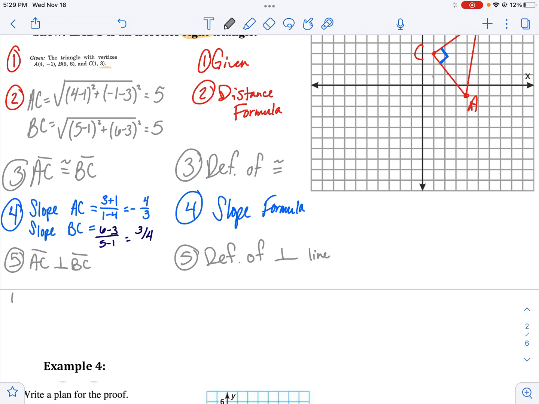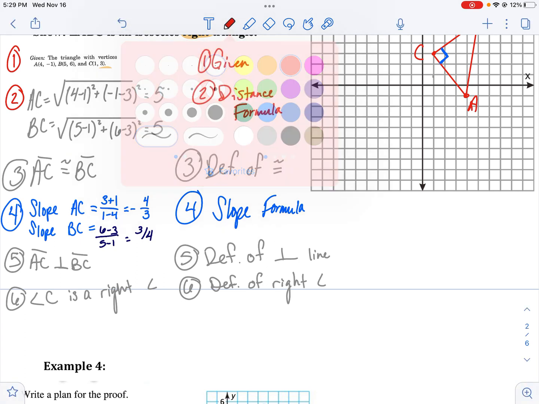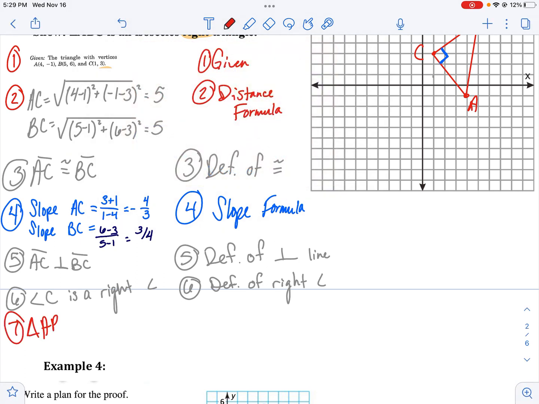And once I've said that angle C is a right angle, by the definition of a right angle, I've proven that I have two congruent sides and a right angle, which means that I must have, finally, triangle ABC is an isosceles right triangle, by the definition of what it means to be an isosceles right triangle.